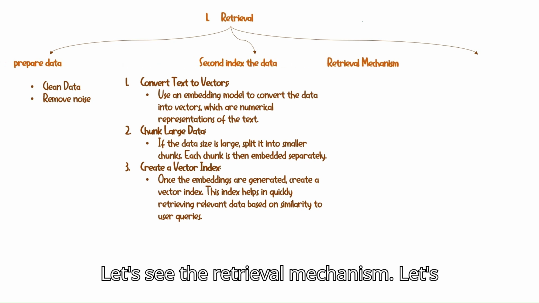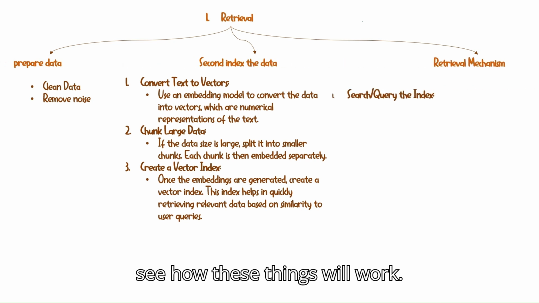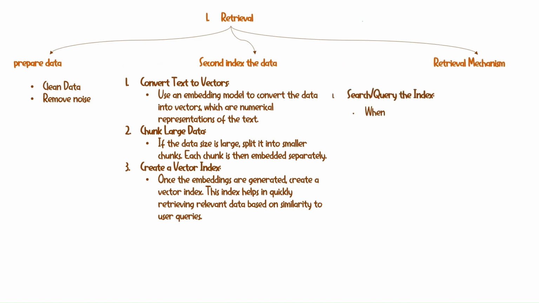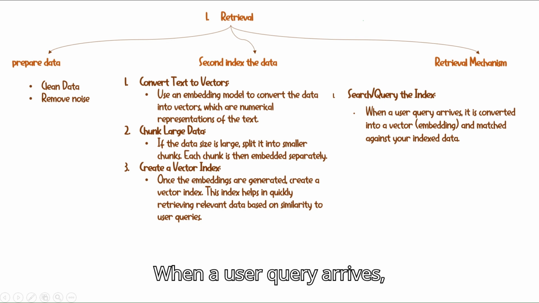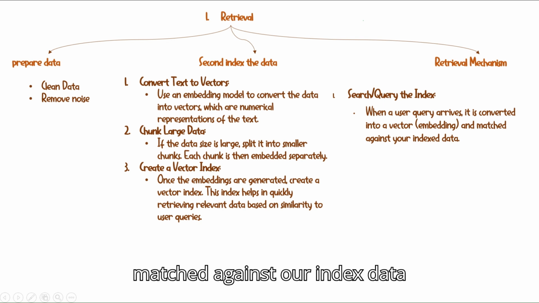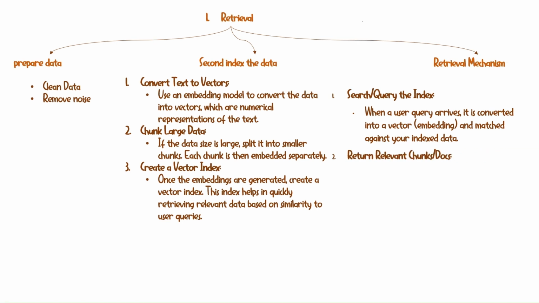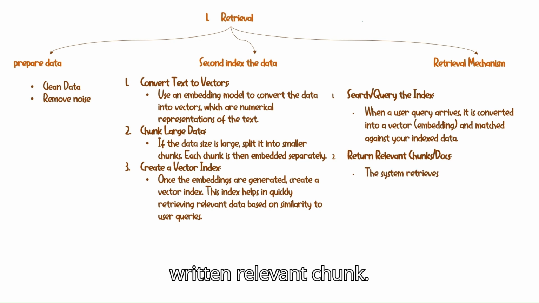Let's see the retrieval mechanism. Let's see how these things will work. When a user query arrives, it is converted into a vector and matched against our index data. Return relevant chunks.